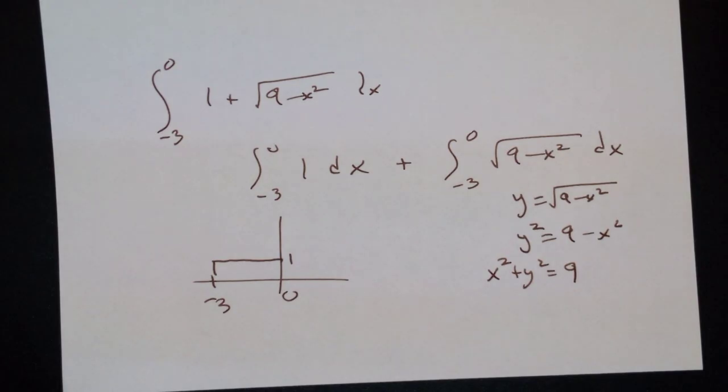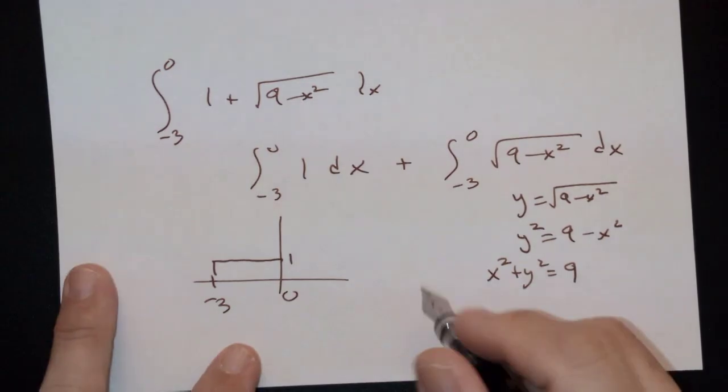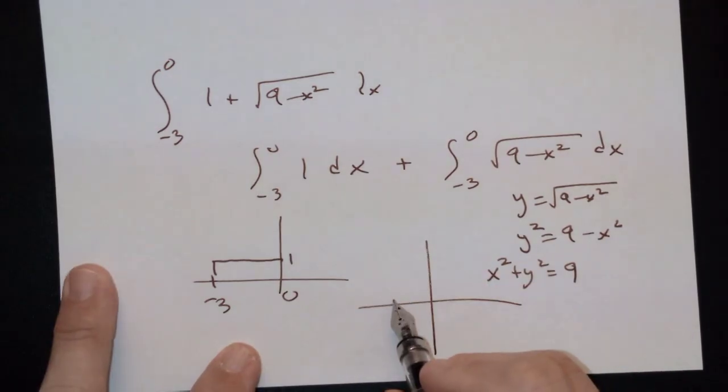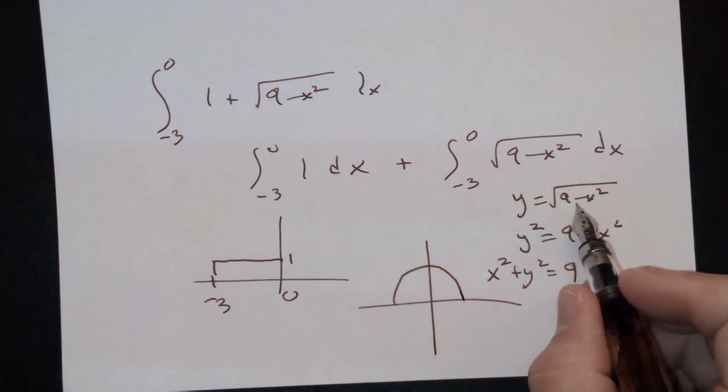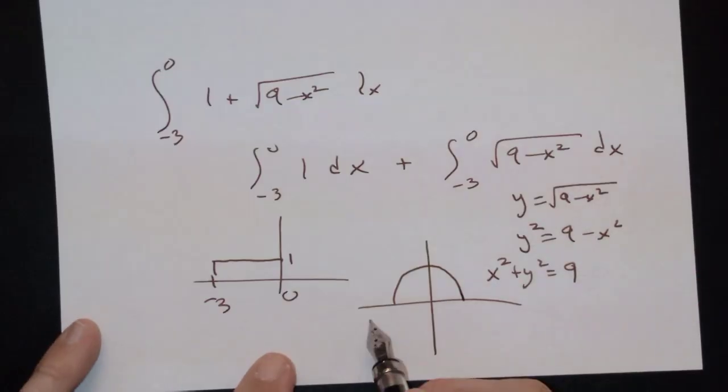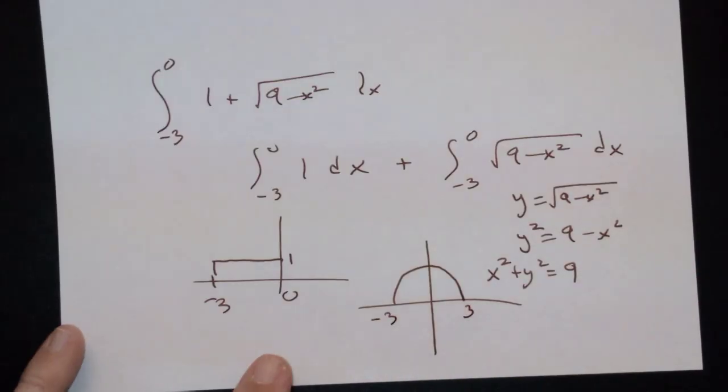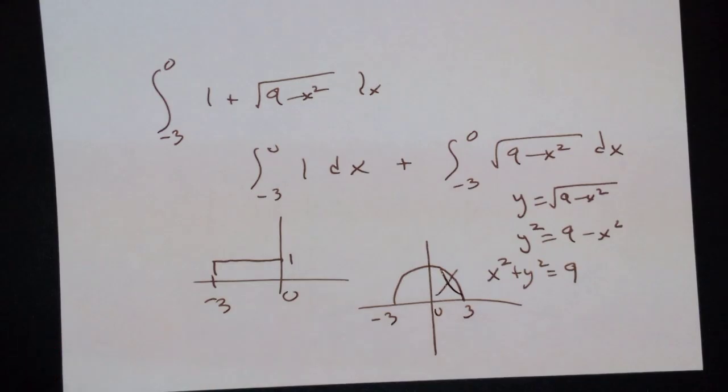It's a circle whose center is 0 and whose radius is 3. Which means this is the upper half of that circle from -3 to 3. Oh, wait, I only want to go to 0, so ignore this part. What's the area of a quarter circle? I'm done. No calculus required. Crap ton of algebra required, but no calculus. Geometry.